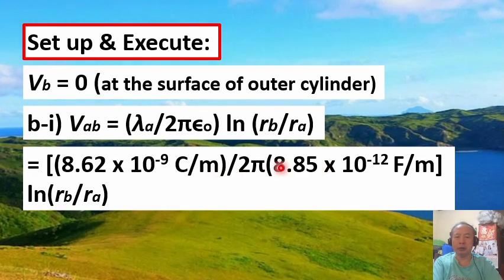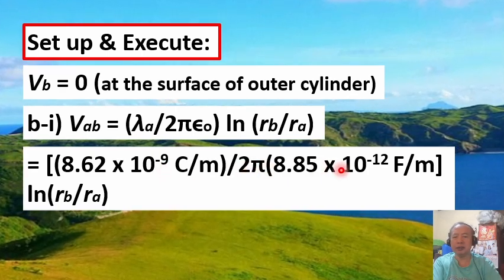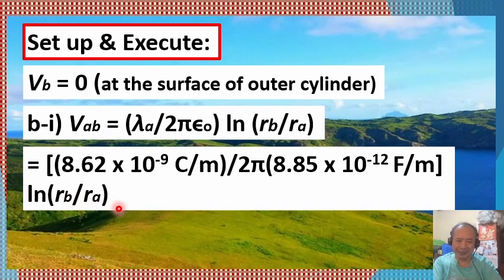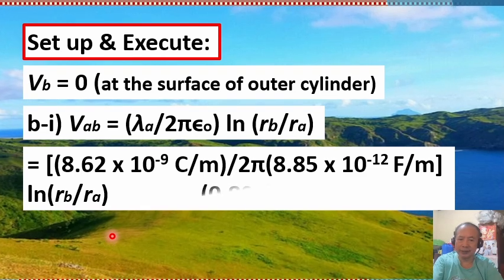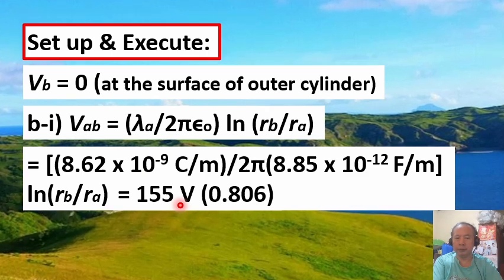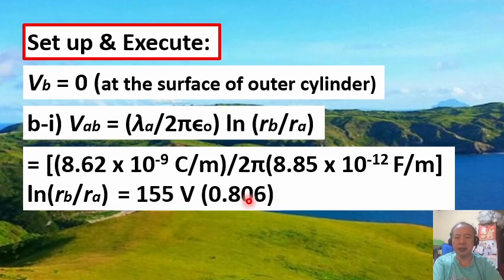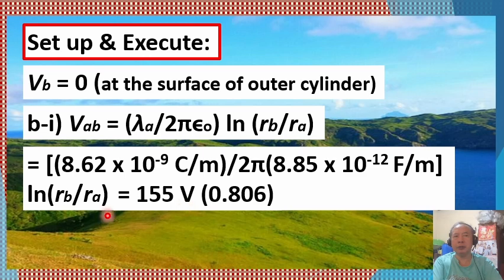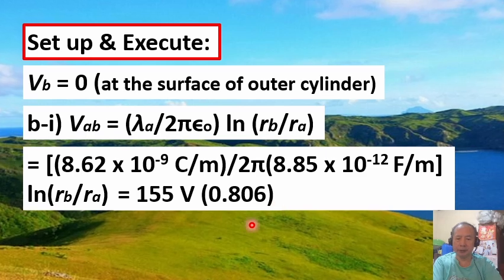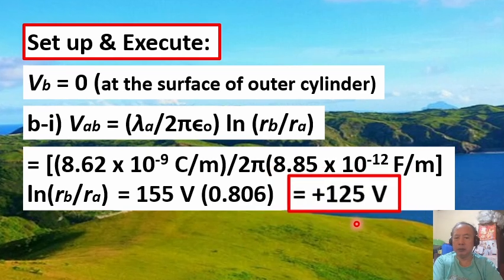The result of dividing these two quantities, which is 155 volts, will be multiplied by 0.806, the obtained value for the natural log of the ratio R sub B over R sub A computed earlier, which is equal to positive 125 volts.